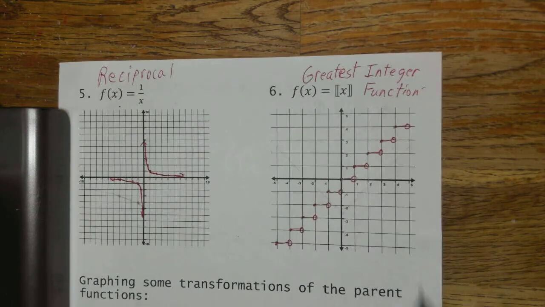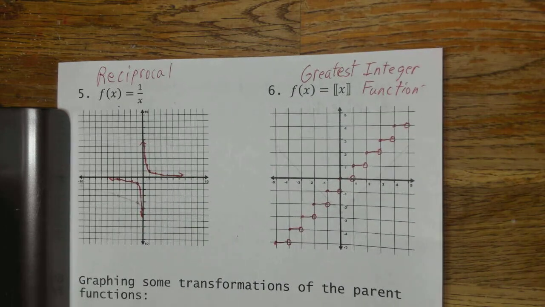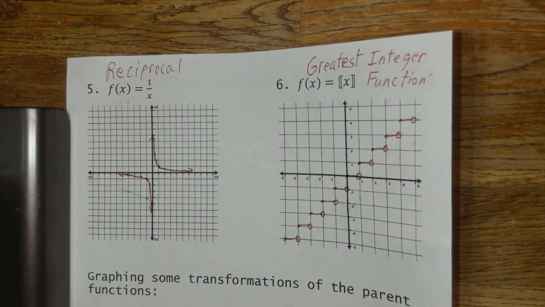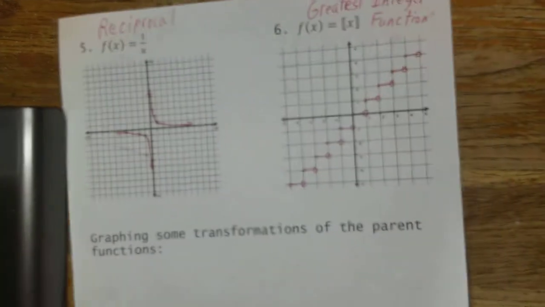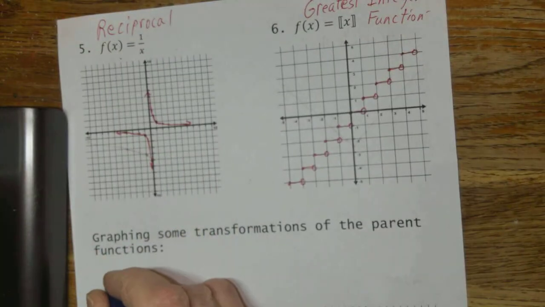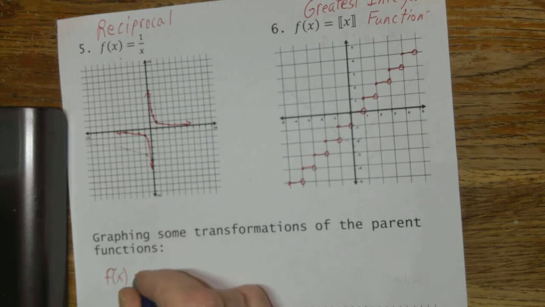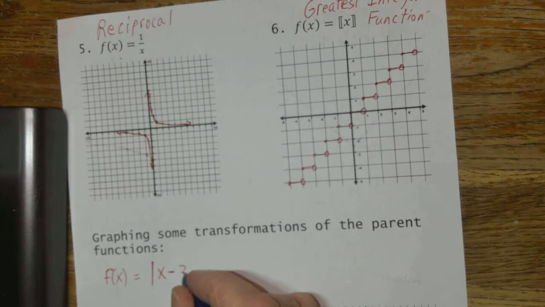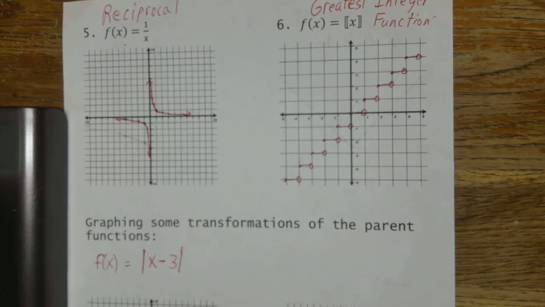Okay, so the greatest integer function, I'll fill that in. And then we're going to graph, let's transform these a little bit. Let's play around with the absolute value function first. If I want to graph f of x equals the absolute value of x minus 3, all I'm going to do is shift the parent function 3 units right.